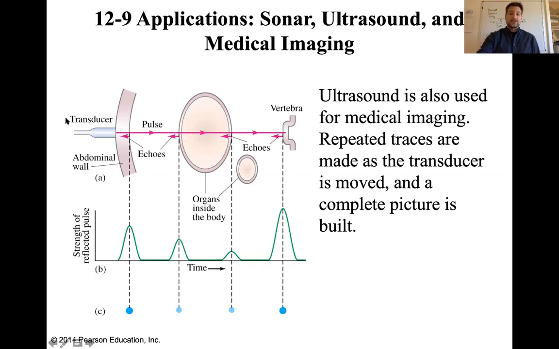And those reflections come back, and their amplitudes, depending on how much reflection there is, lets us figure out, well, what was it that we encountered? Was it an organ or was it a vertebra? And we can develop a pattern of traces like this, of different echoes that come back, put those traces together and end up with a picture of the bodily environment.